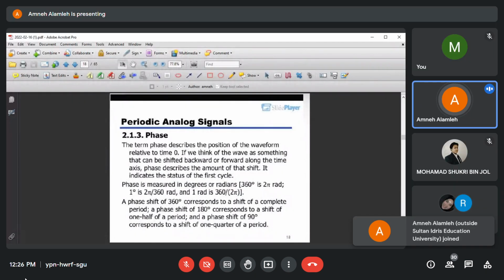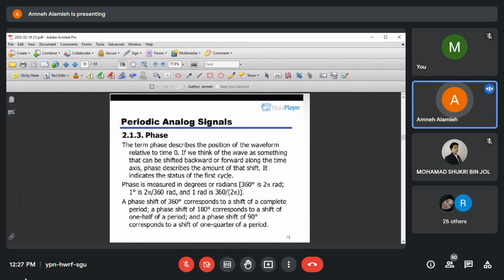The term phase describes the position of the waveform relative to time 0. If we think of the wave as something that can be shifted backward and forward along the time axis, phase describes the amount of the shift. It indicates the status of the first cycle.